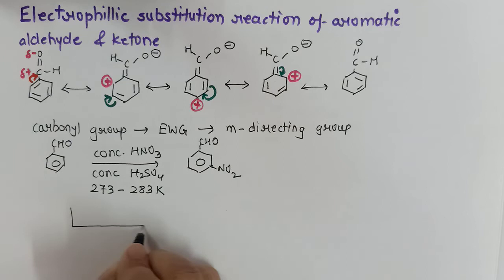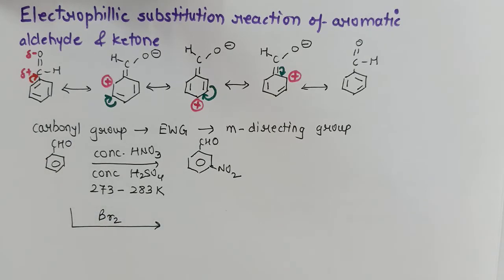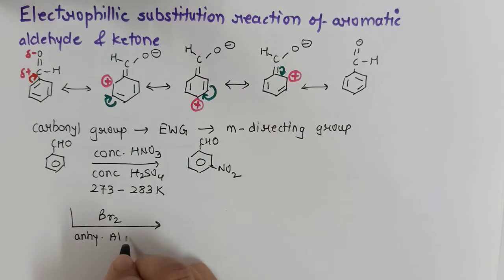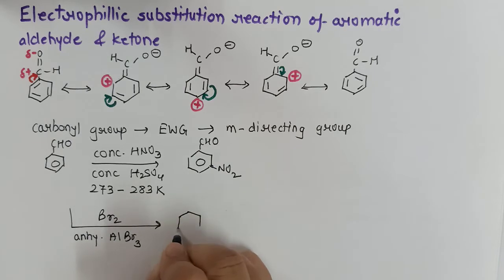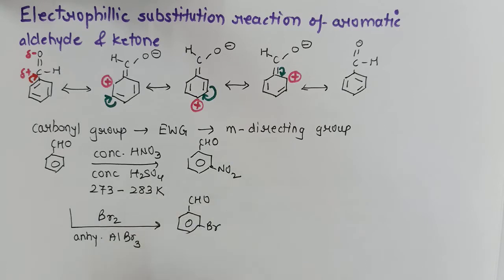Similarly, if I carry out bromination of benzaldehyde in presence of halogen carrier or Lewis acid such as aluminum bromide, then I'll get the meta-substituted product meta-bromobenzaldehyde.